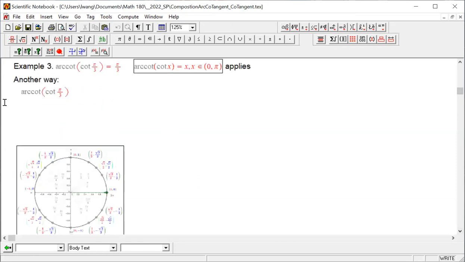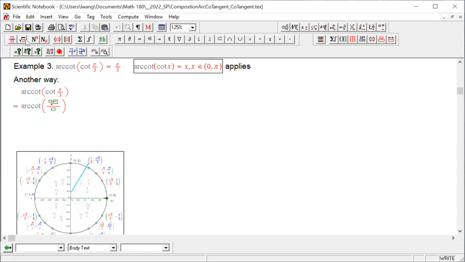Suppose we have the unit circle with us, and we just do it step by step. Arc cotangent, cotangent pi over 3. We measure the angle from standard position to pi over 3, and we take the red number divided by the blue number. That ratio is √3 over 3.